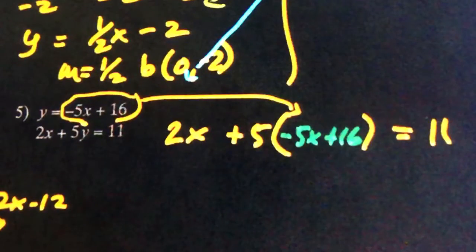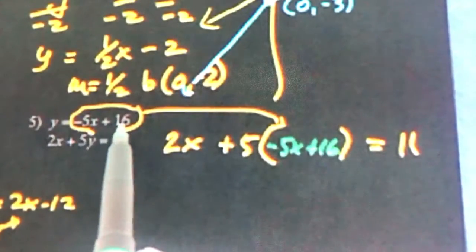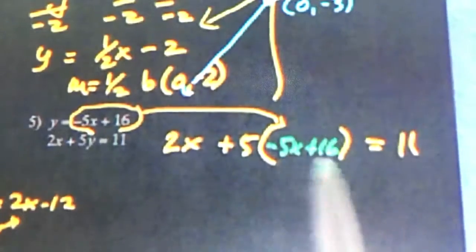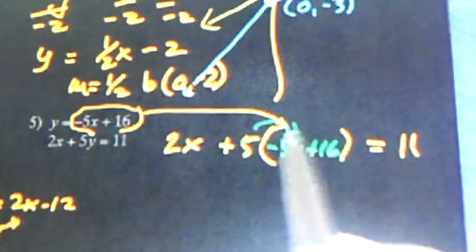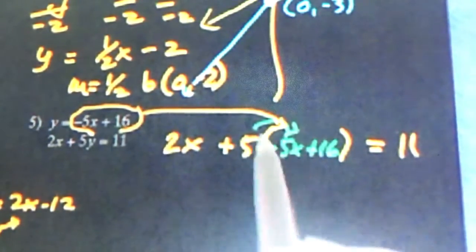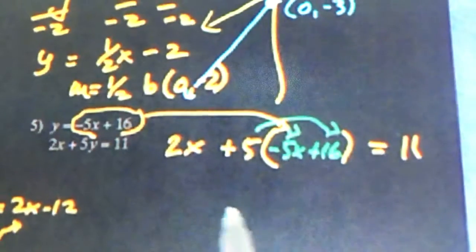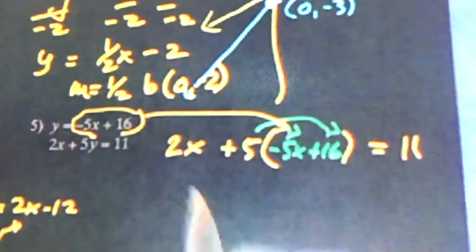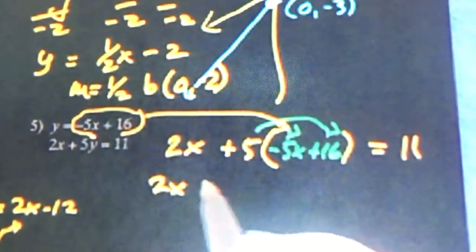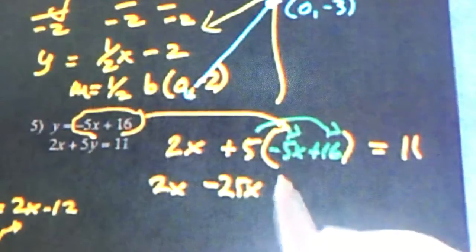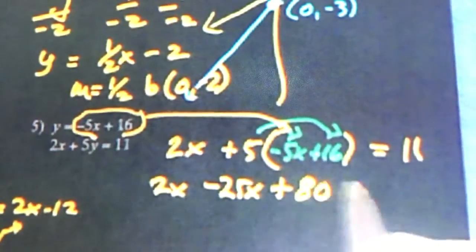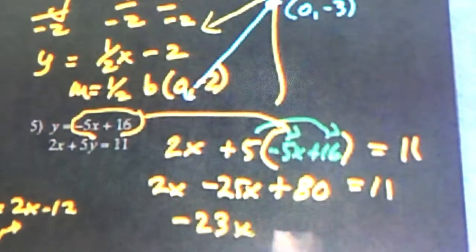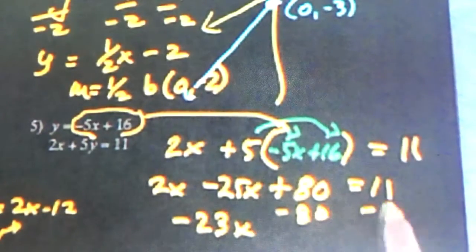With the negative 5x plus 16 being substituted in. Now, once you've done that, you have to distribute the positive 5 onto negative 5x and positive 5 onto 16. And we just proceed as we normally would, solving this now for x. 2x minus 25x plus 80 equals 11. We've got negative 23x, and we're going to subtract 80 on both sides.